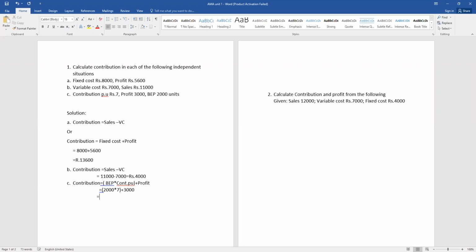So your contribution would be rupees, 2,000 into 7 is 14,000 plus 3,000 gives you 17,000. So this could be asked for 2 marks.